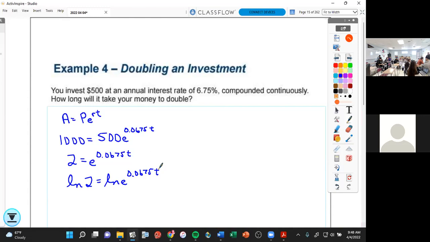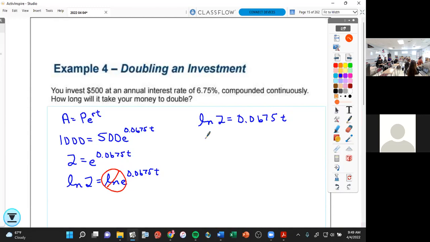How does that help me? Natural log. Okay, so we can look at it as though this right here is canceling. So natural log of 2 is equal to 0.0675 t. Next step.